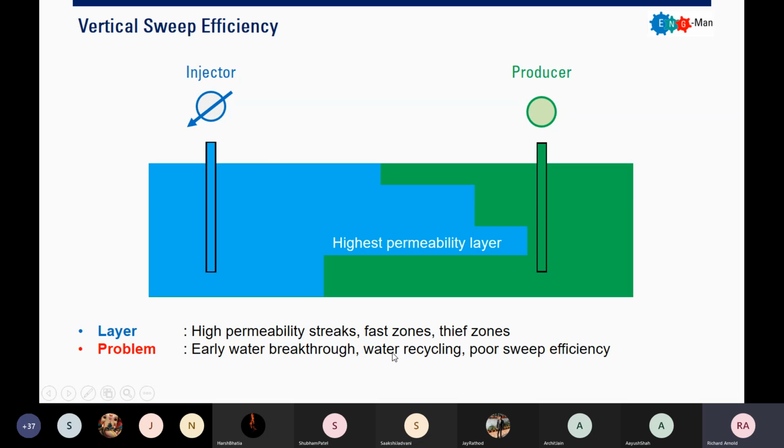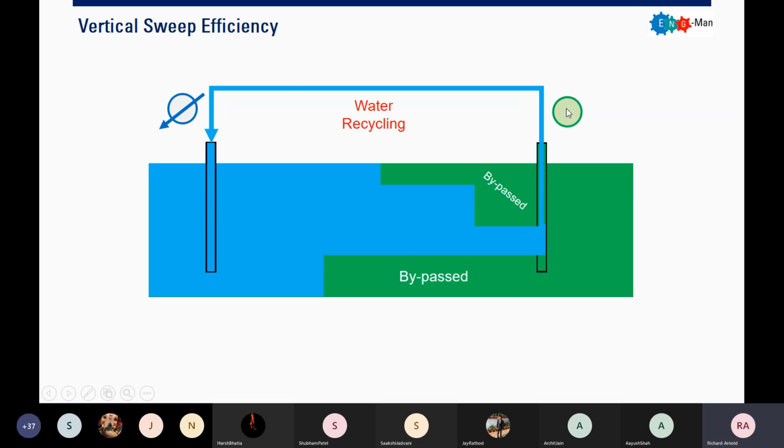And what actually is water recycling? It is actually like this one, water recycling. So basically, you don't really push or displace your oil efficiently. Finally, you will just do water recycling.